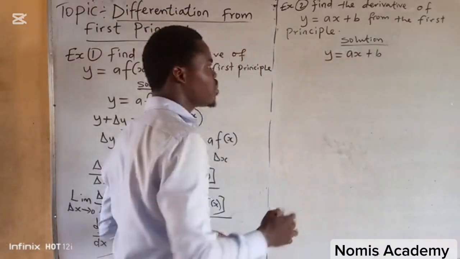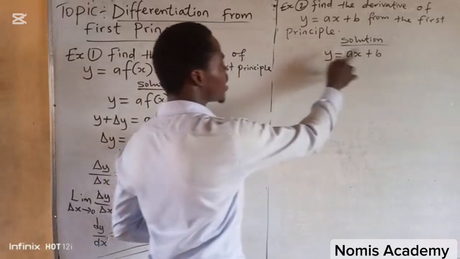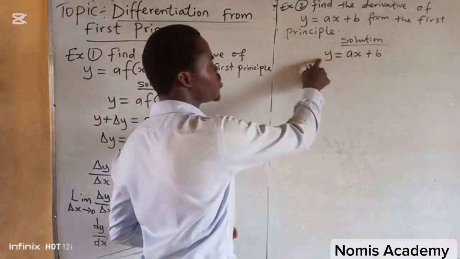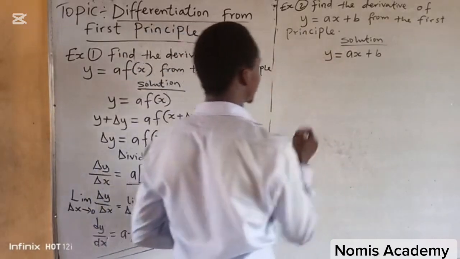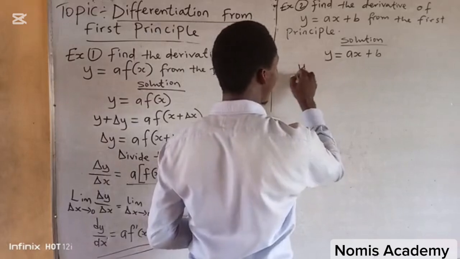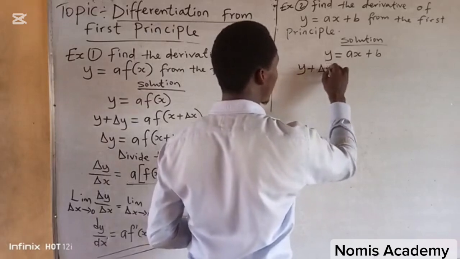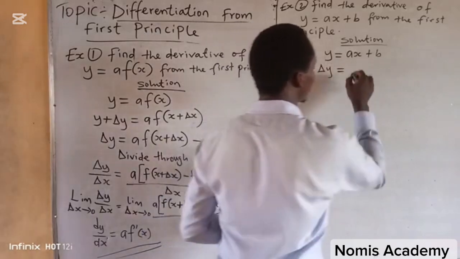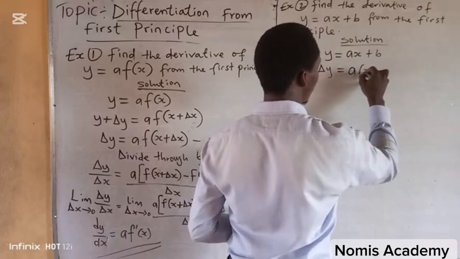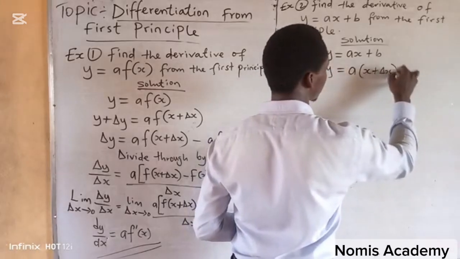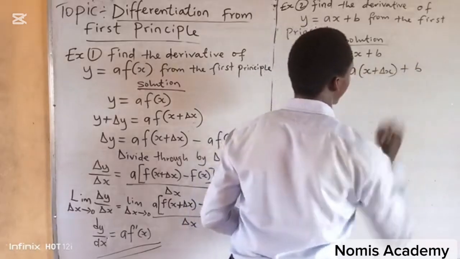Now, any increment in x will definitely lead to an increment in y, and that will be in this form: y plus delta y is equal to a into x plus delta x plus b.